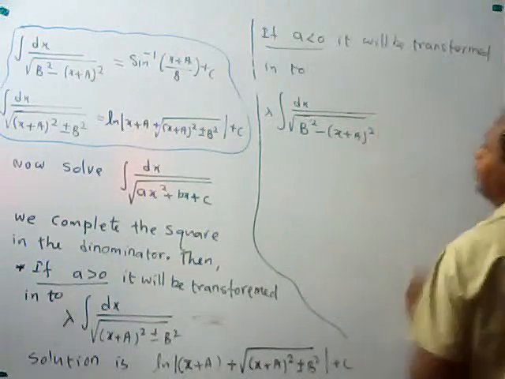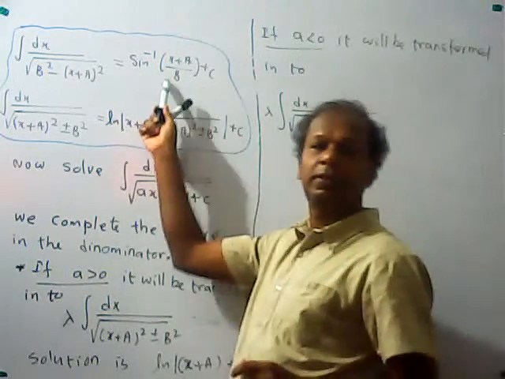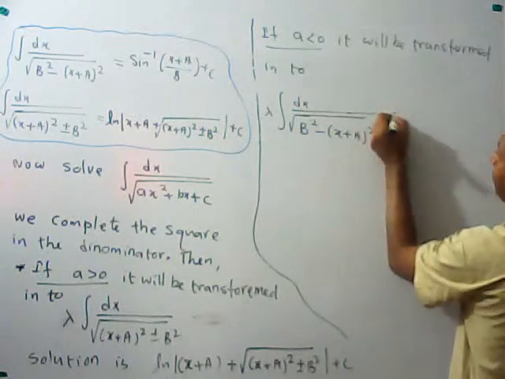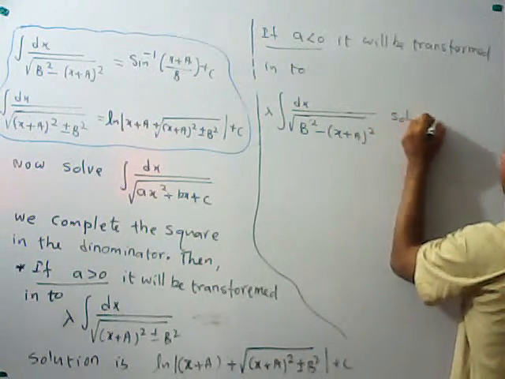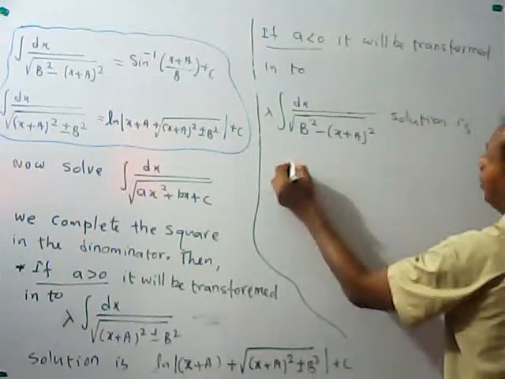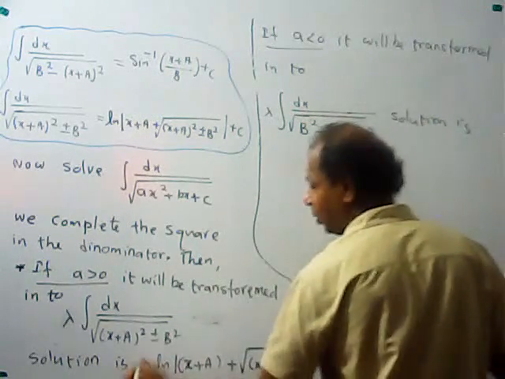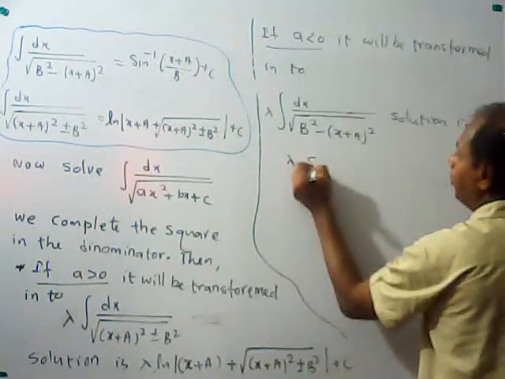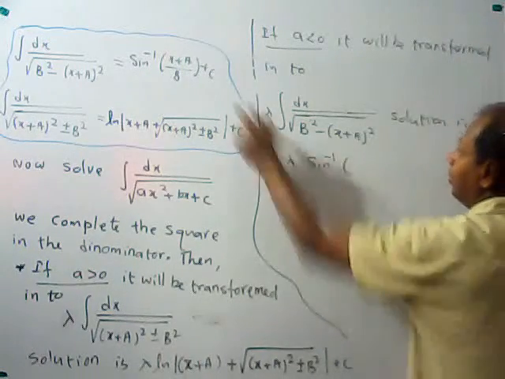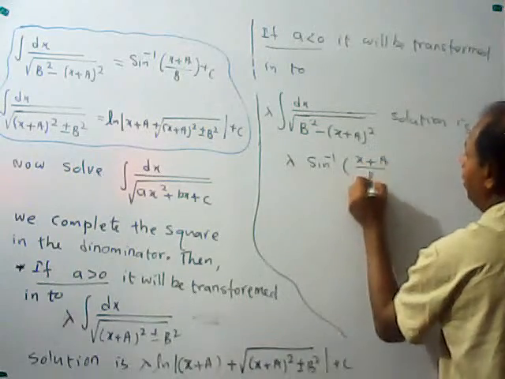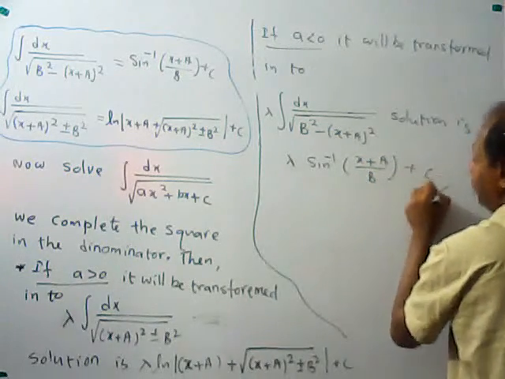The solution is lambda times sin inverse of (x plus a) over b, plus the constant.